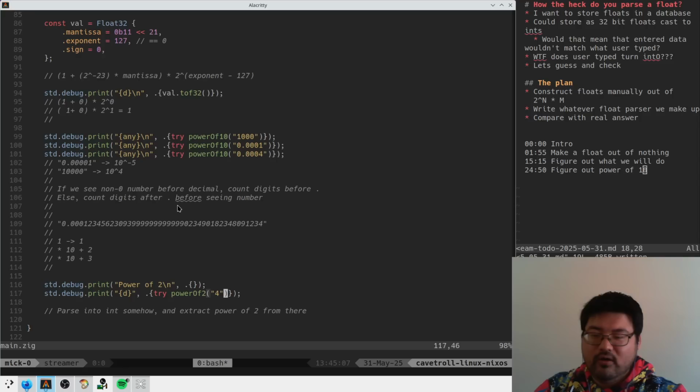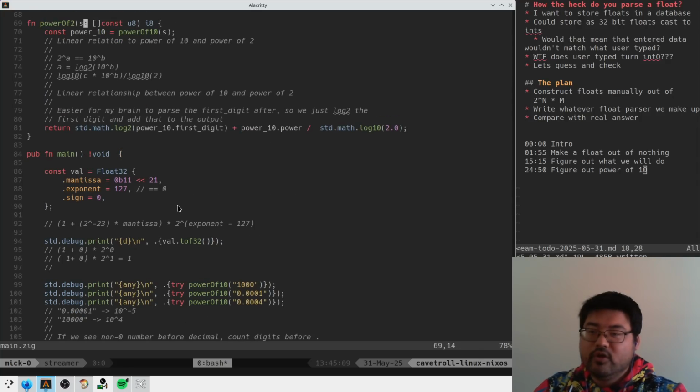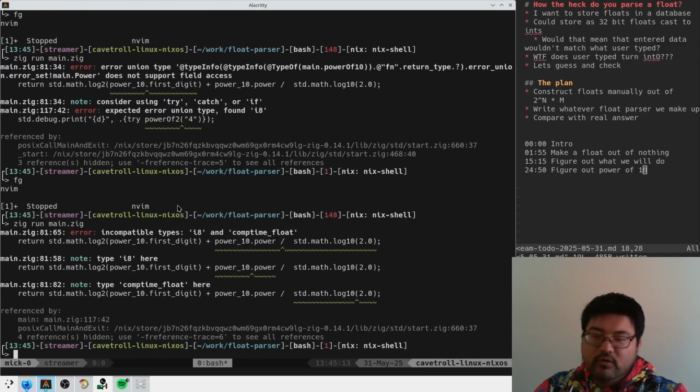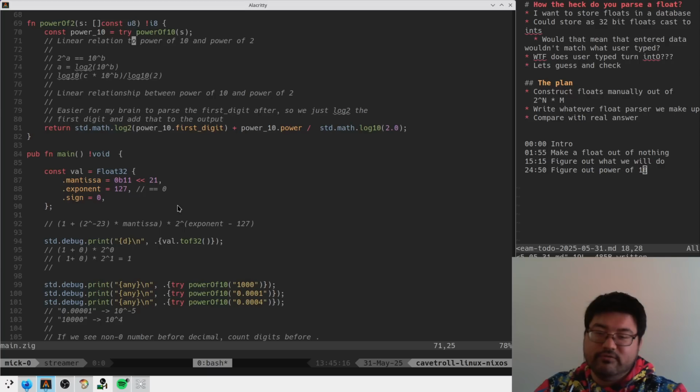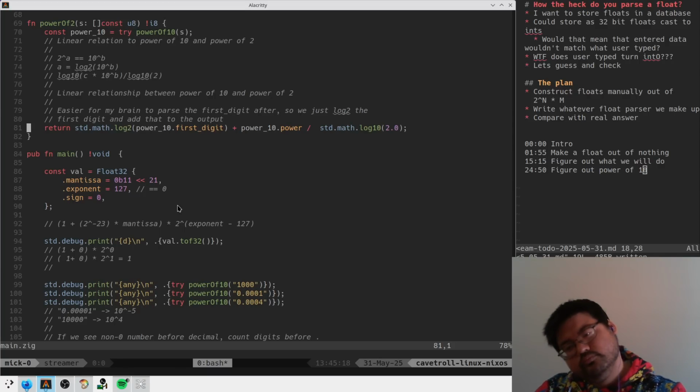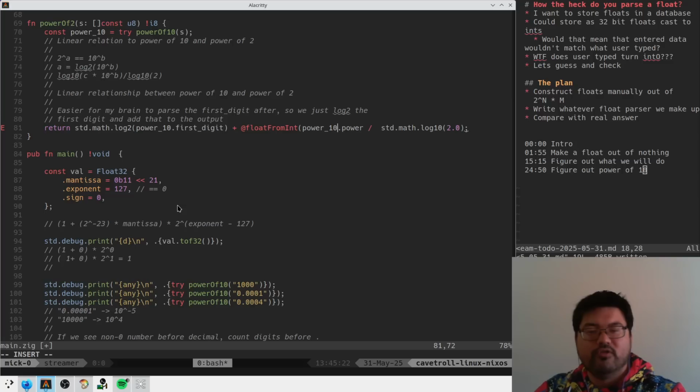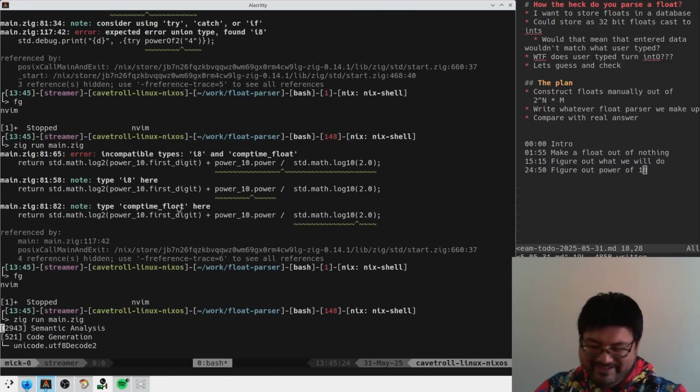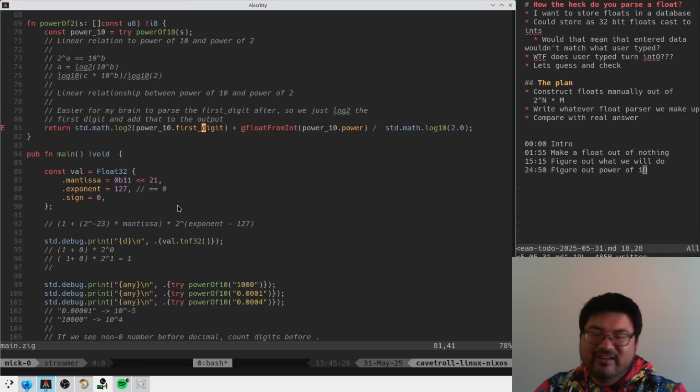This thing is failable, true, which means it's the right try. I8 and comptime float. We're going to completely ignore the fact that float from int exists. We'll ignore that for now.